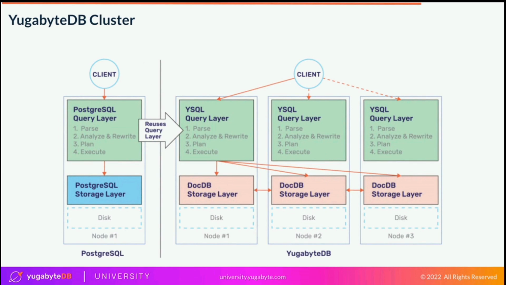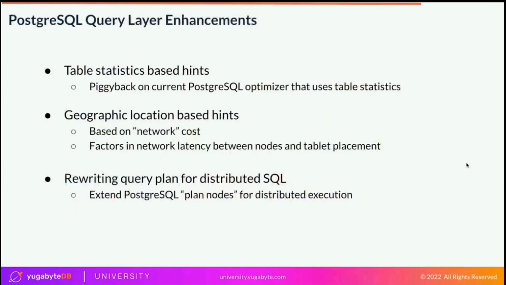And behind the scenes, we're just reusing that PostgreSQL layer. It's customized for YSQL. And then we're just storing data and retrieving data from DocDB, which is a key value RocksDB store, right? And those enhancements to the PostgreSQL layer within YSQL basically fall into three categories: table statistics or geographic location-based hints, or just rewriting the query plan for distributed SQL and making sure we're doing things like pushing down operations to DocDB.